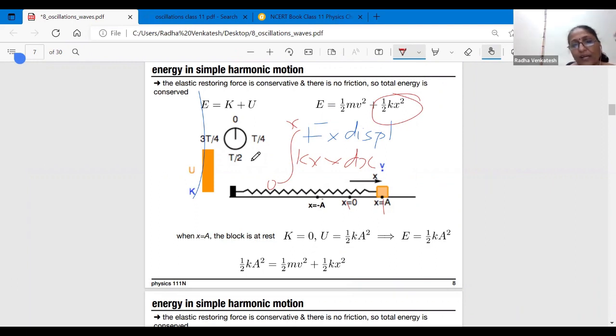Fine. And of course, for kinetic energy, you substitute for v, isn't it? The expression is half mv squared. And I think you do know the derivation that v is equal to what, people? v squared is equal to, tell me, do you do that?